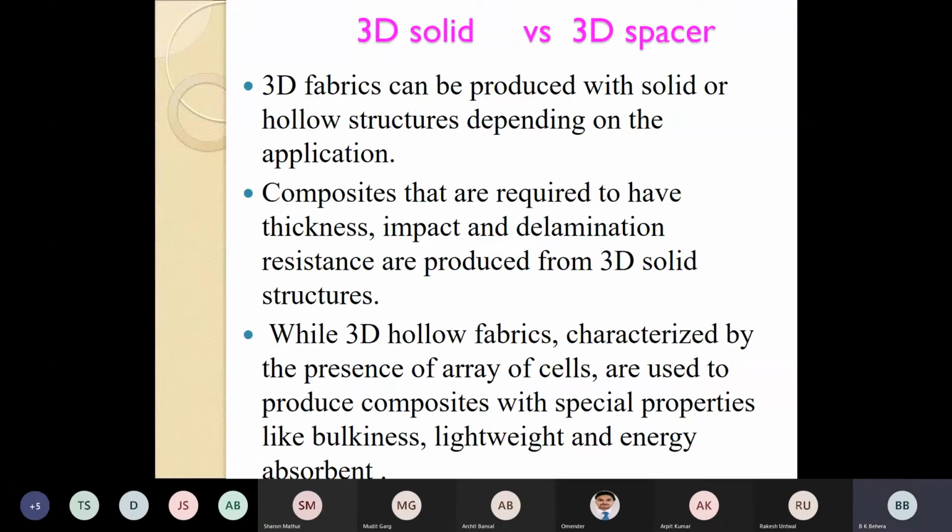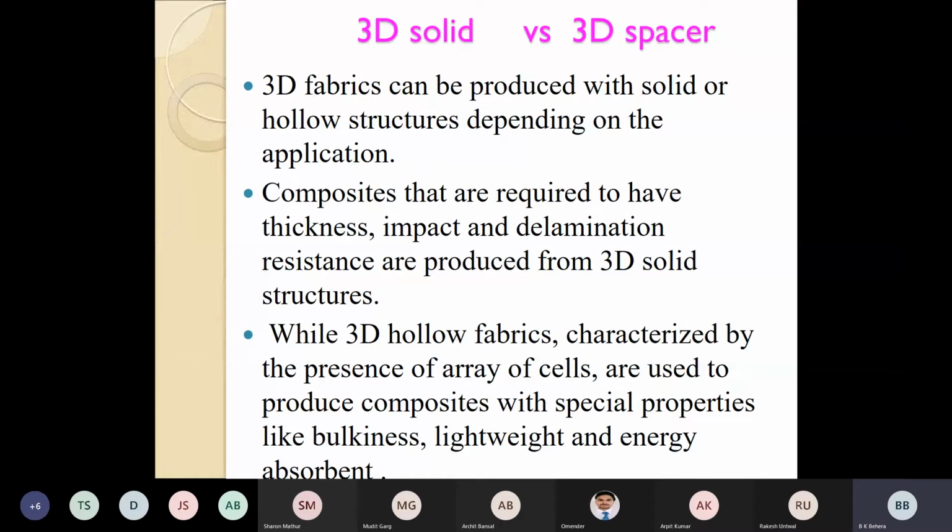How is this spacer different from solid? Both are 3D. We produce 3D fabric, solid or hollow, depending on the applications. And as I said, most of the 3D fabrics are used for composite manufacturing.